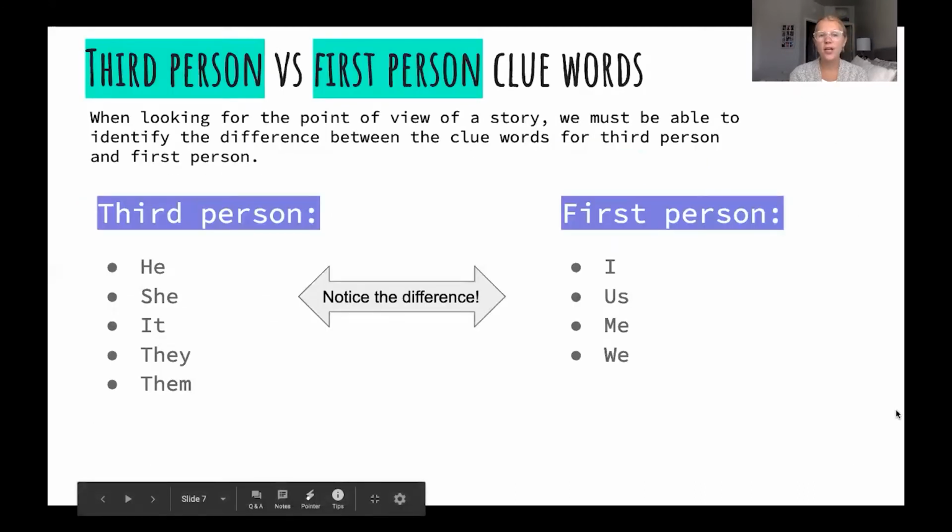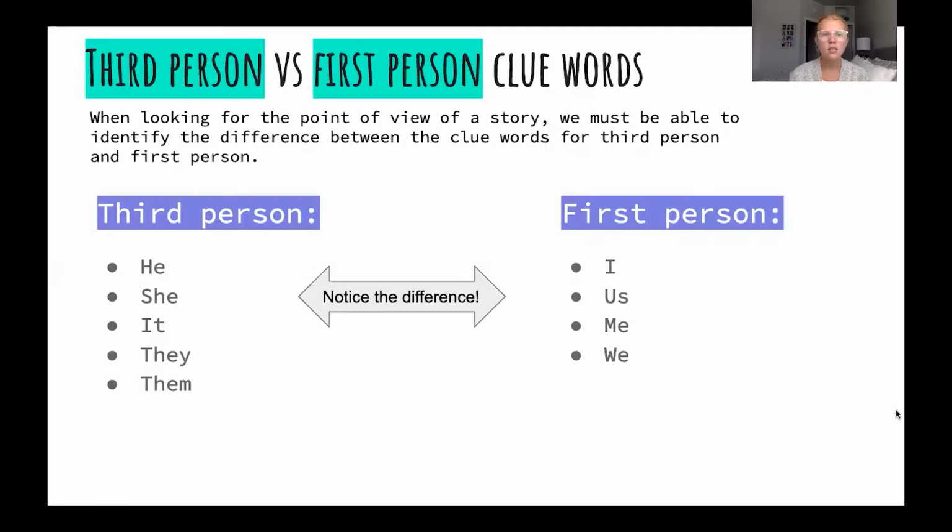Let's look at third person versus first person clue words. So when looking for the point of view of a story, we must be able to identify the difference between the clue words for third person and first person. So again, the same clue words that we just went over for third person, and the clue words for first person being I, us, me, and we.